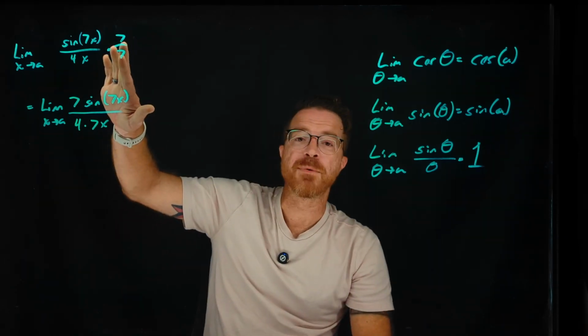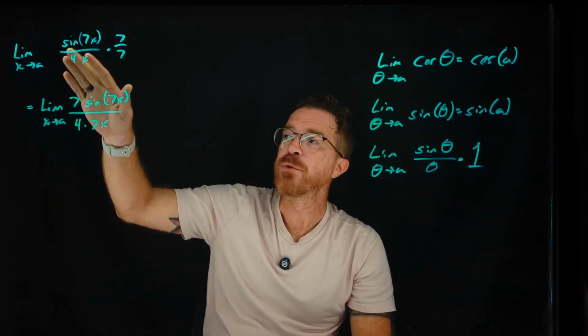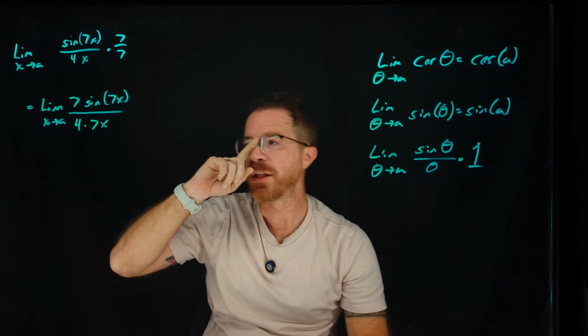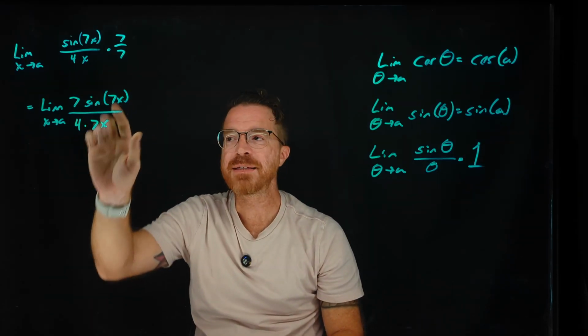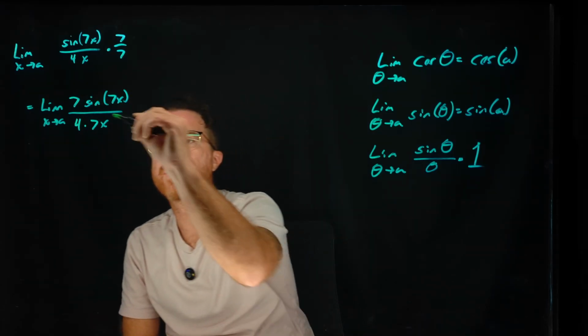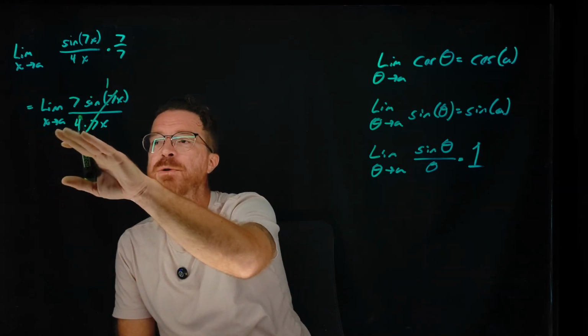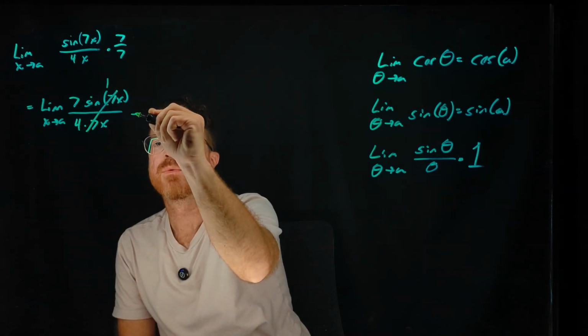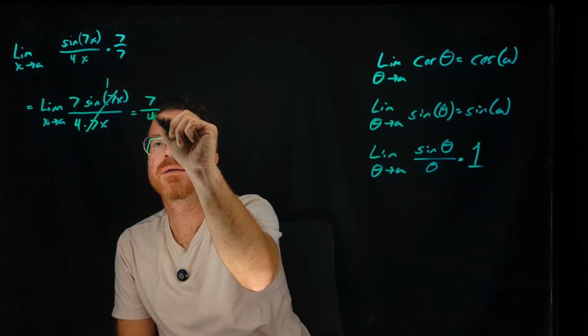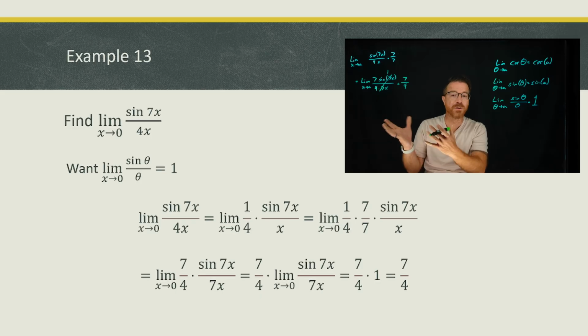The reason we can do this is that 7 over 7 is the same thing as 1, and we're just multiplying by 1. We haven't actually changed anything. So sine of 7x divided by 7x is equal to 1. Now we have the limit as x approaches 0 of 7 over 4, which gives us 7 over 4. Looking at the slide, you can see that this follows exactly what we just did.